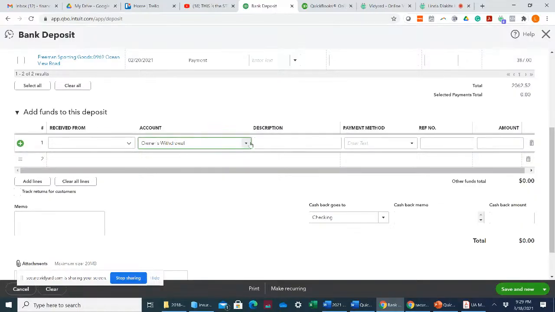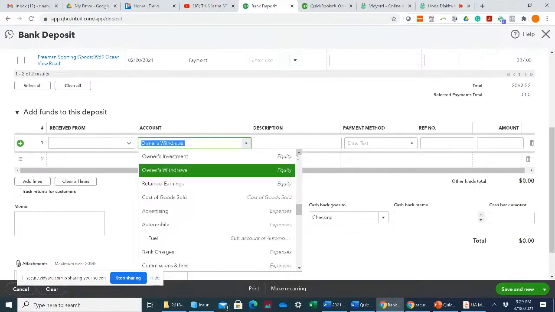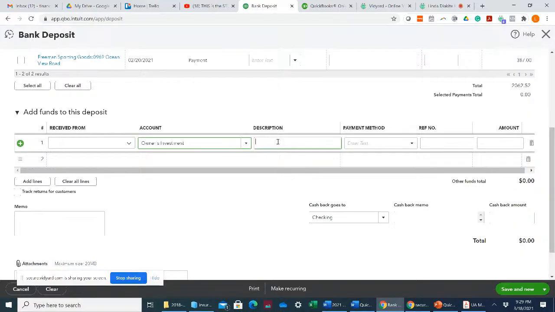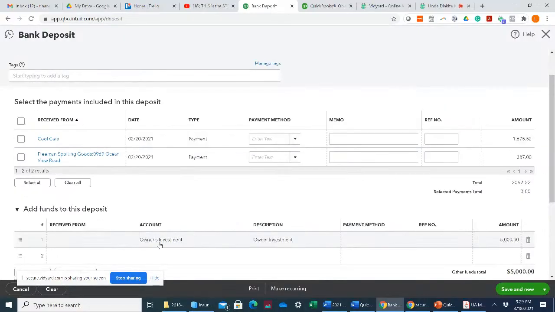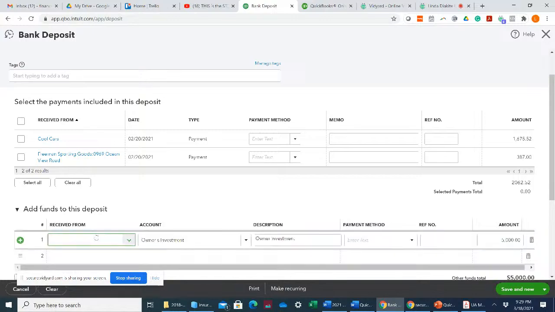What I'm going to do now is say, okay, the owner invested, let's just say $5,000, made a deposit. I'm going to go ahead and put owner's investment here. You can put received from, let's just say, the name.